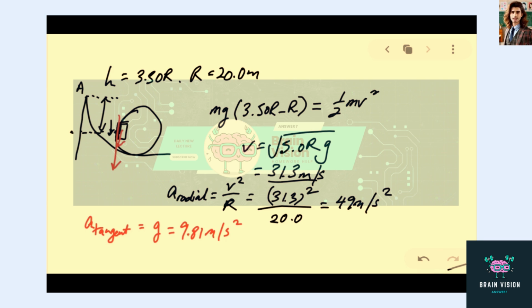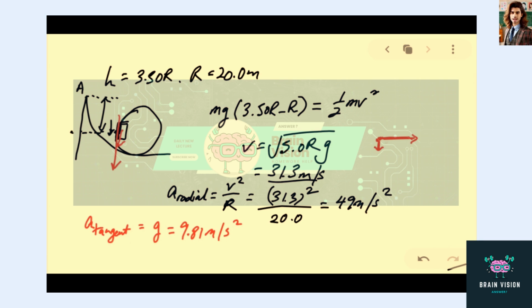Now to show all these acceleration components in a small diagram, assuming this is our point of interest, the center of mass of the car, then the acceleration in the radial direction is as such, whereas the tangential acceleration is such.